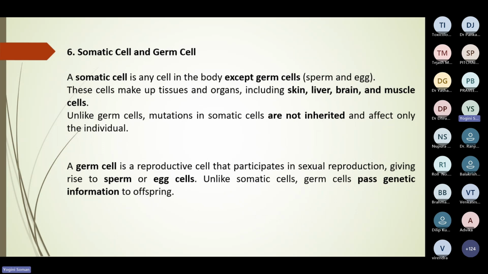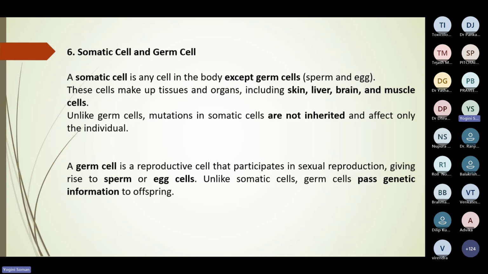Then the next most important terminologies are somatic cell and germ cell. Somatic cells are any cells in the body except the germ cells, meaning sperm and egg. Somatic cells make up tissues or organs like skin, liver, brain, muscle.